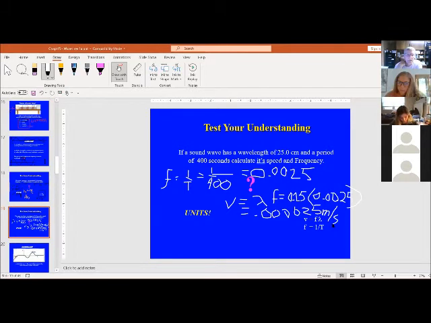You can do the speed, lambda times f. So 0.25 is the wavelength, since we divide by 100, times the frequency. And I get 0.000625. How would I do that in scientific notation? How did you get the 0.15? That's supposed to be a 2, I'm sorry. It's writing with the mouse.